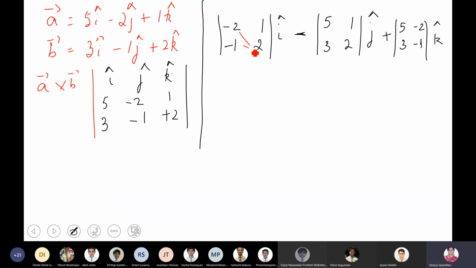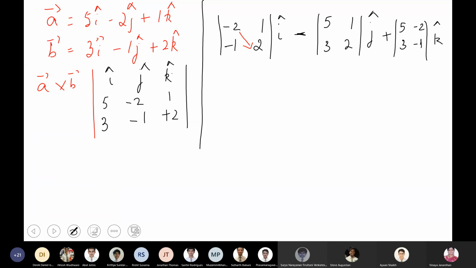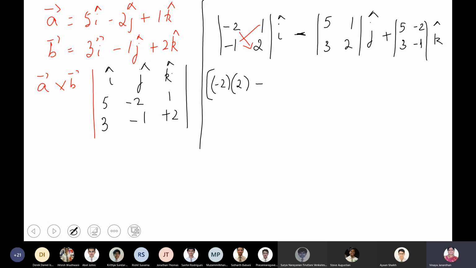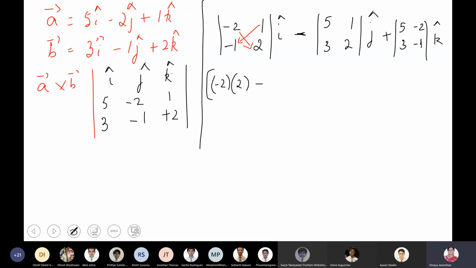So it should be -2 into +2, because I'm just multiplying from left to right, then minus of these two together. So that will be 1 into -1 I cap.